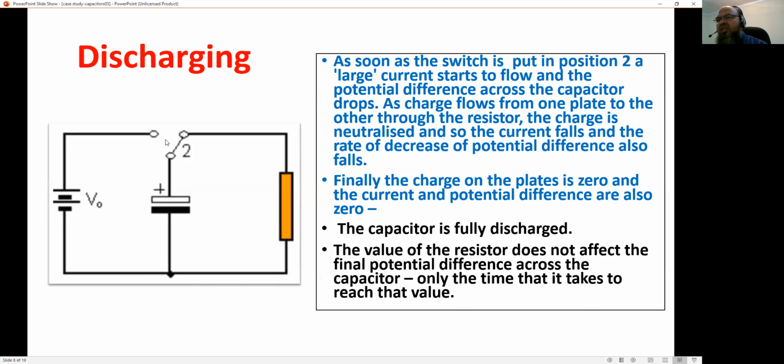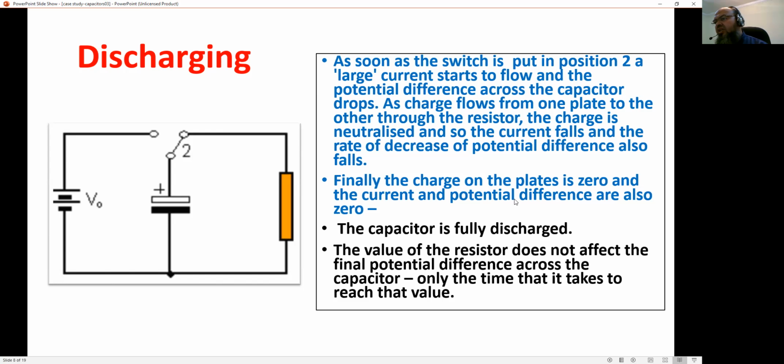Discharging process: you see that the same circuit has been used. Now instead of using this plug, this is connected with number 2 and this is a resistor. So now the capacitor is connected with the resistor. As soon as the switch is put in position 2, a large current starts to flow and the potential difference across the capacitor drops. As charge flows from one plate to the other through the resistor, the charge is neutralized and so the current falls and the rate of decrease of potential difference also falls.